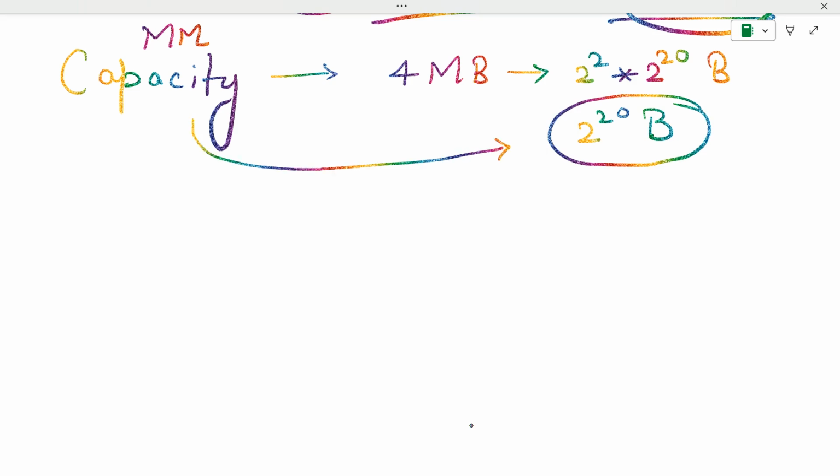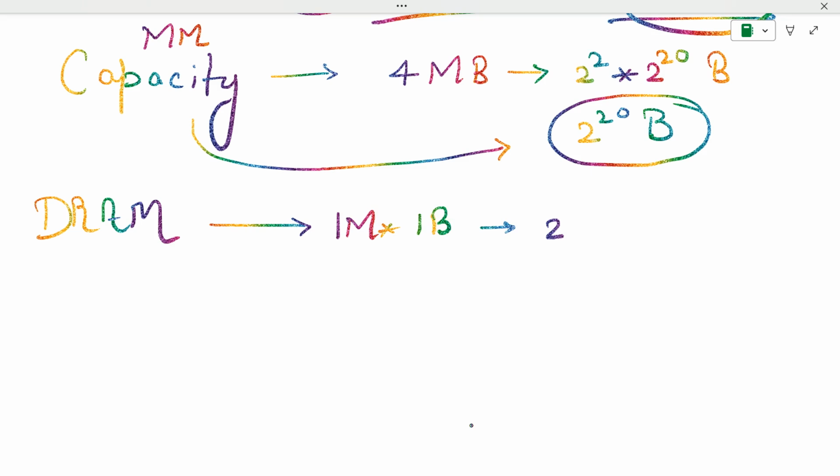Now we have to create this main memory, we have pieces of DRAM chips. Now these DRAM chips will have their own capacity, and that is 1 M into 1 bit. So that is equal to 2 raised to the power 20 bit. Please note that this is bit and this is byte.